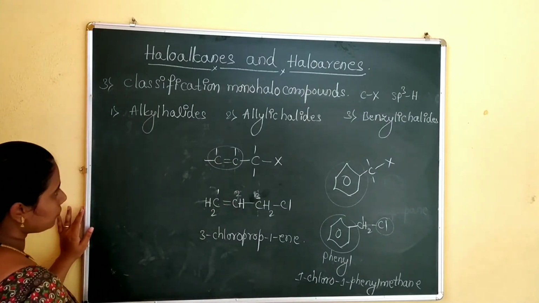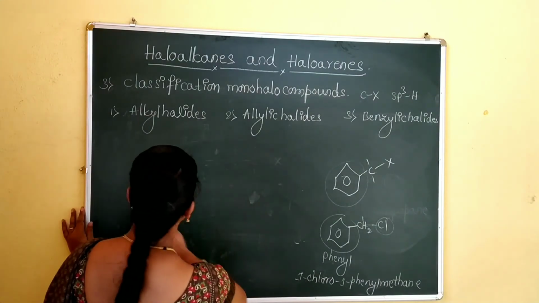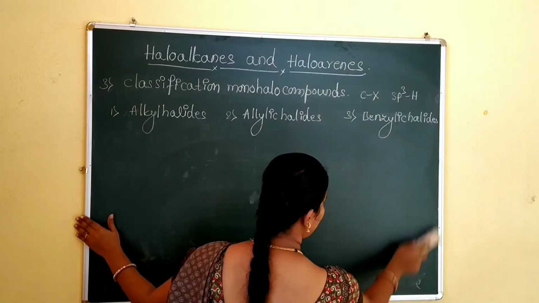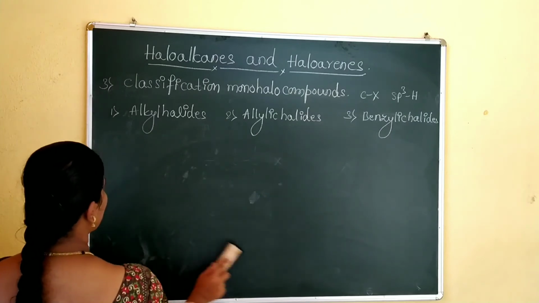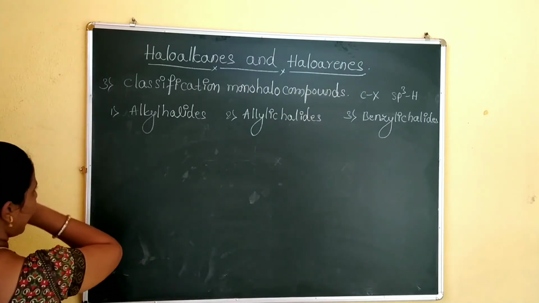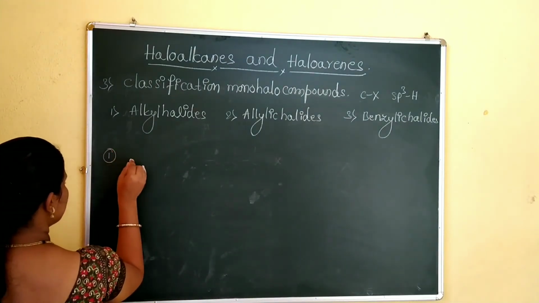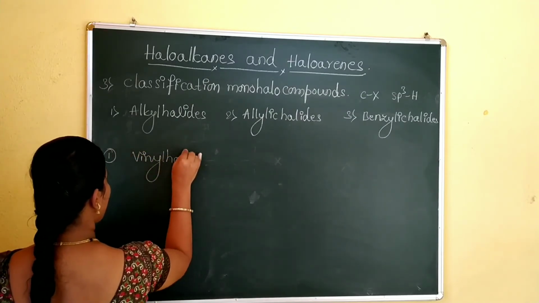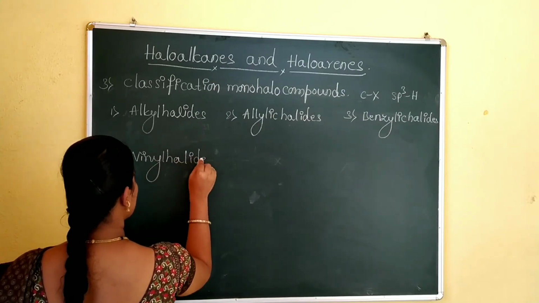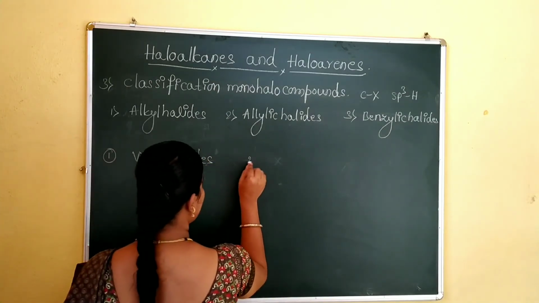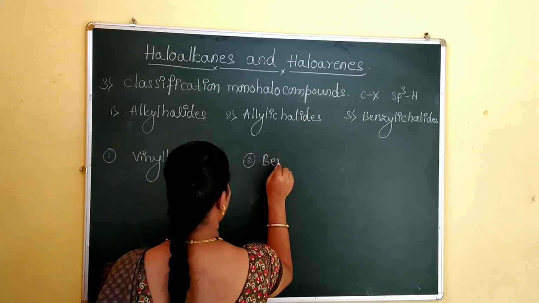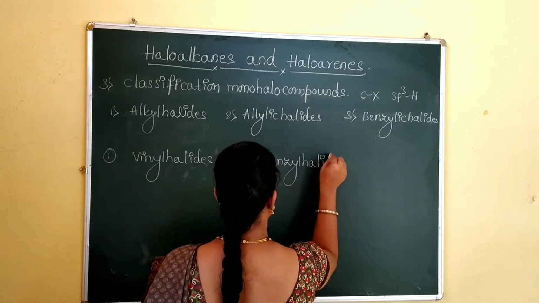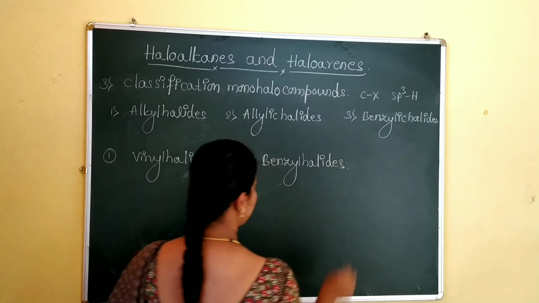And next, again, these monohalo compounds are classified into 2 types. The first one is vinyl halides and the second is aryl halides.